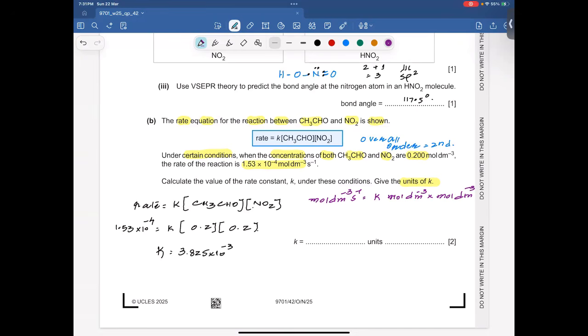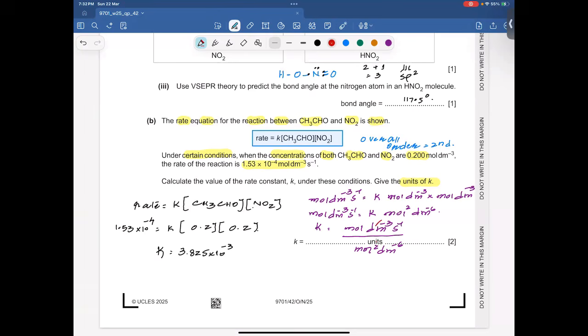So when two units are multiplying together, we need to add the power. So it's going to be mole square dm minus 6. So K is basically mole per dm cube second inverse divided by mole squared dm minus 6.